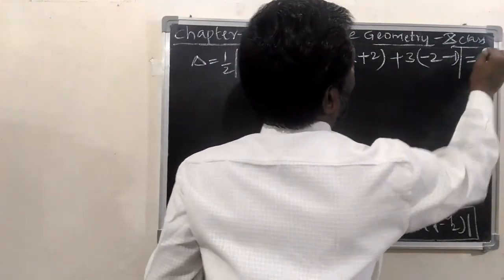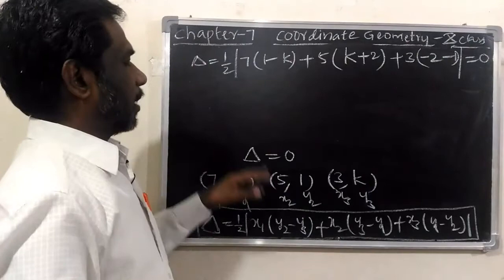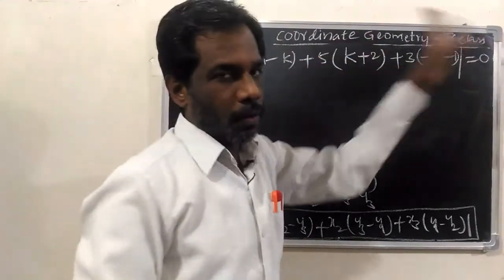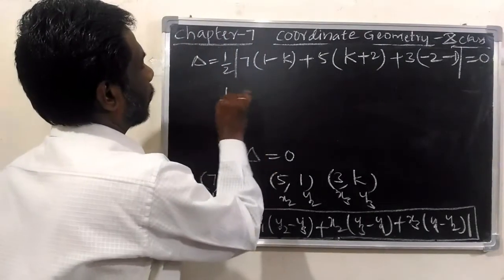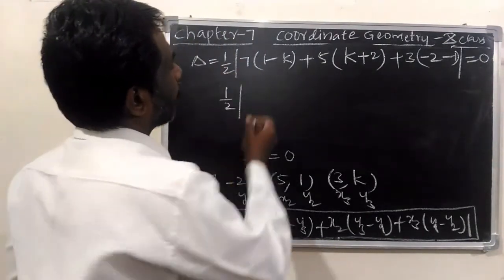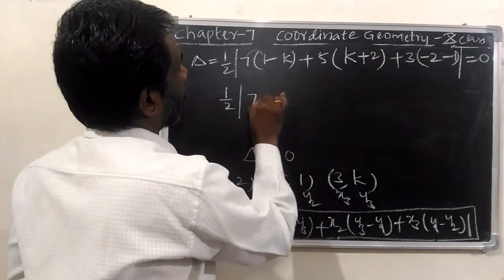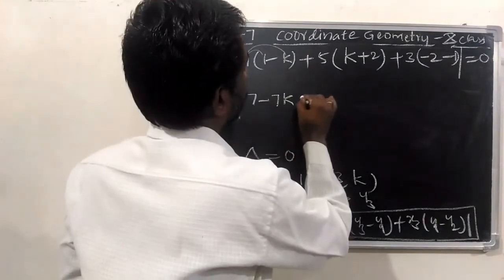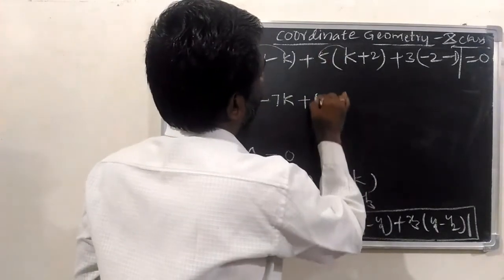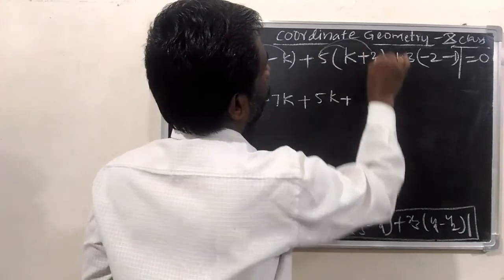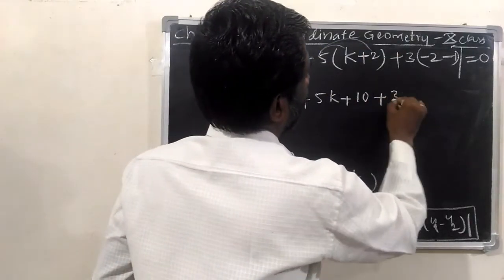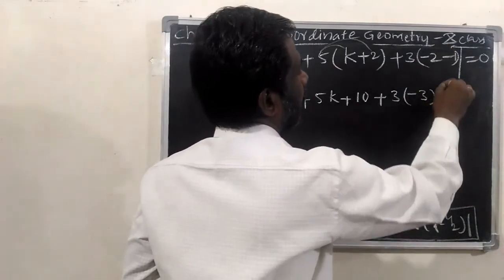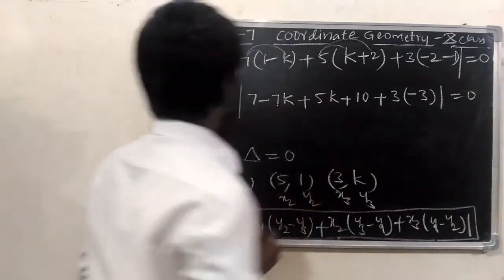And equal to 0 because it says collinear points. Collinear points means delta equals 0. Now write 1/2 mod of: 7 ones are 7, minus 7 into k, 7k, plus 5 into k, 5k, plus 5 2s are 10, plus 3 into (-2 minus 1), which is -3, equal to 0.